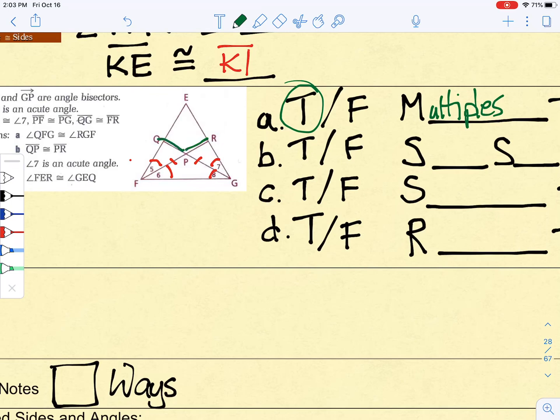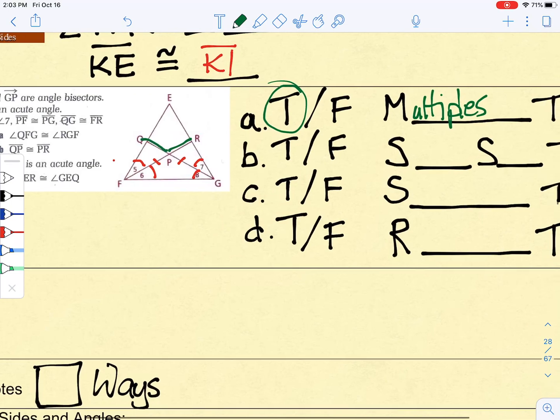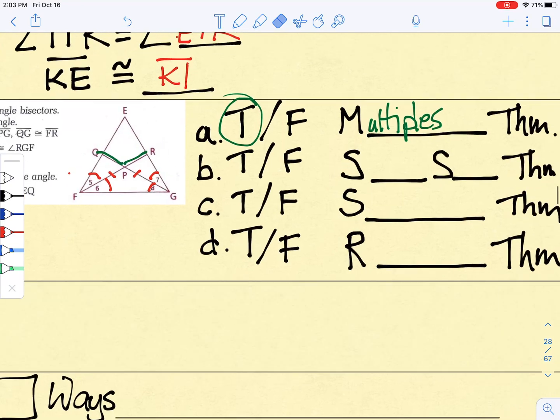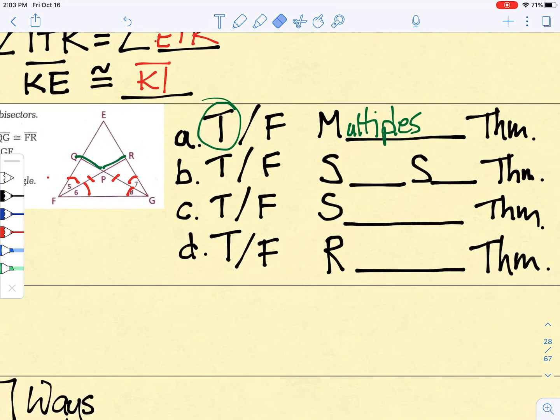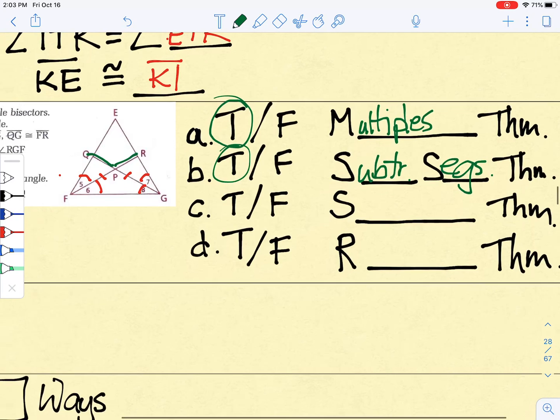So QP and PR. And we have to say, well, yeah, if you have the big segment and you take away the little segment, and I have the big segment and I take away the medium segment, then I'm left with those tiny segments left. So that's called the subtraction segments theorem. So that was also true.